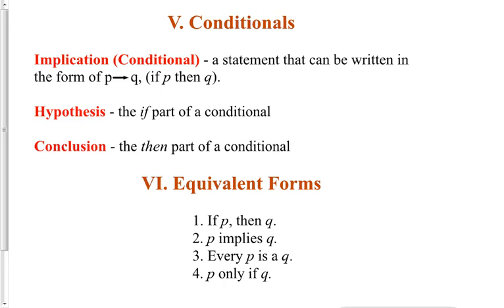The first form is if P, then Q. We could say the exact same thing if we said P implies Q. Or every P is a Q. And finally, P only if Q.